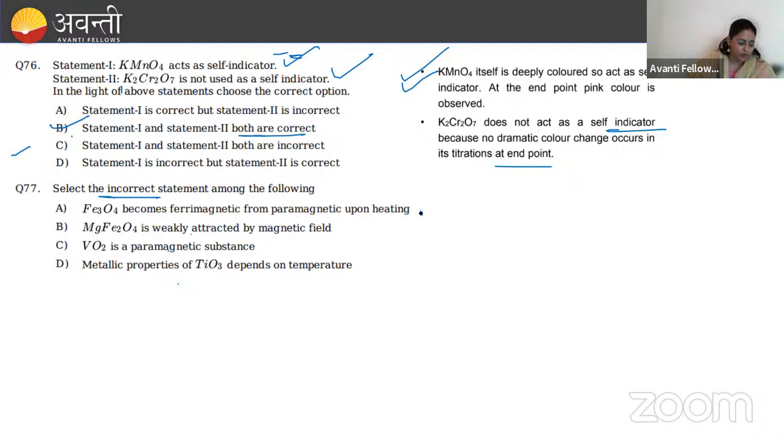Okay, only in presence of magnetic field, and that's why it turns paramagnetic. So Fe3O4, when you heat, it turns from what? This statement is incorrect. It turns paramagnetic.